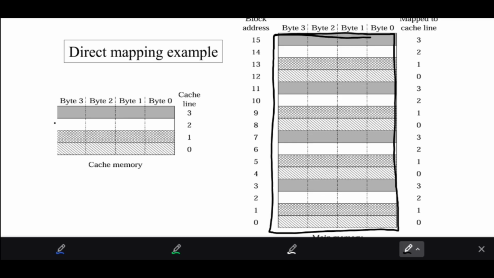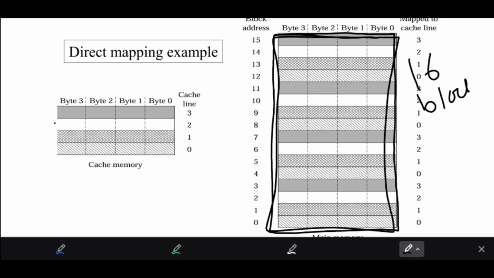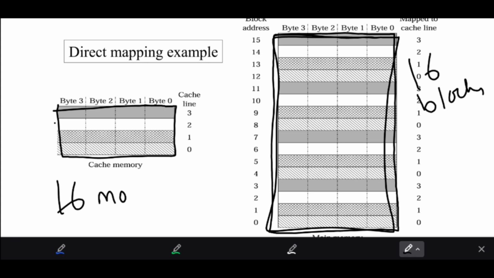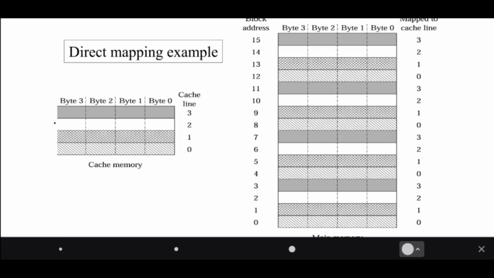These are main memory addresses, and there are 16 blocks with 4 lines. Then how do we do this? Now 16 mod 4. Let's discuss how it actually occurs.